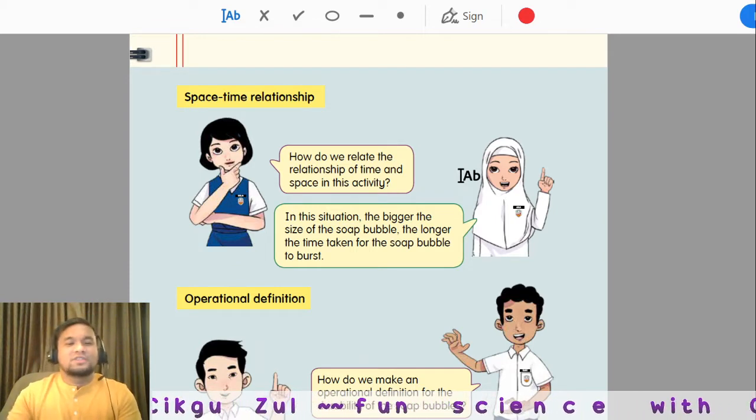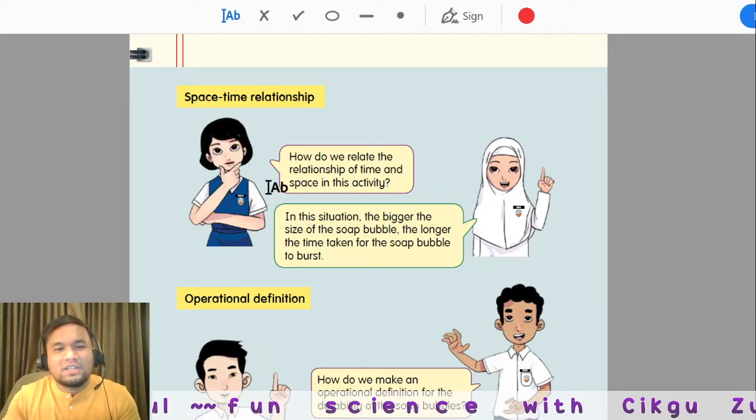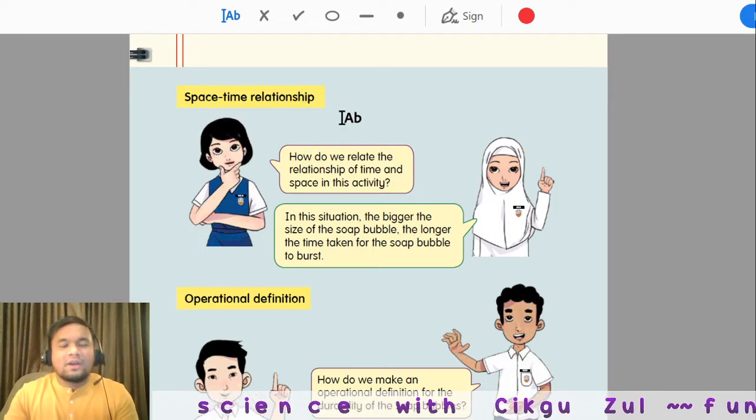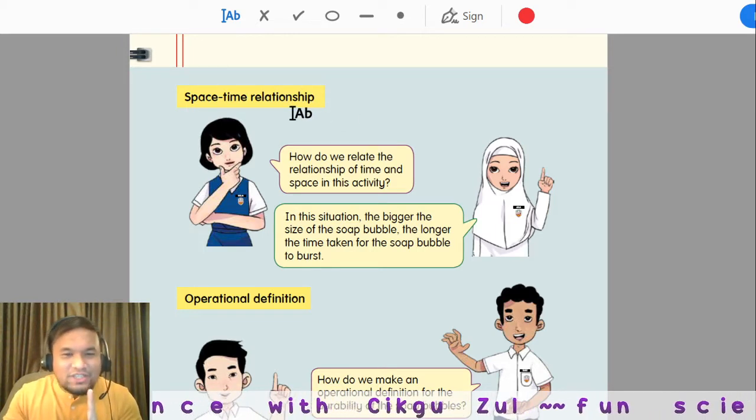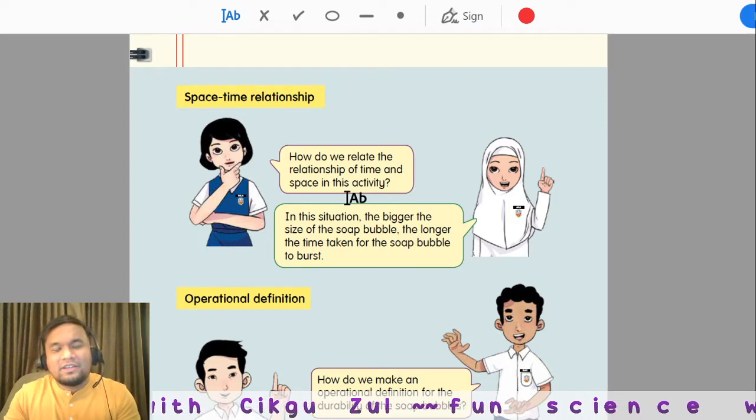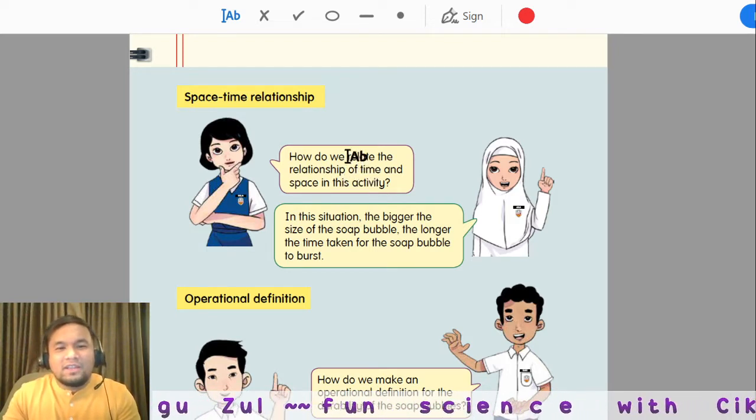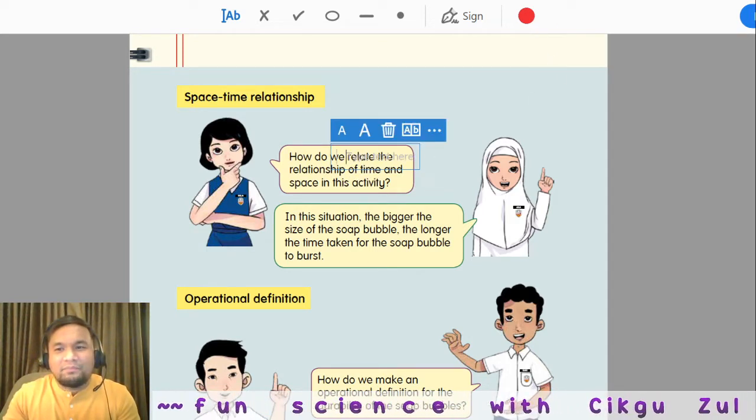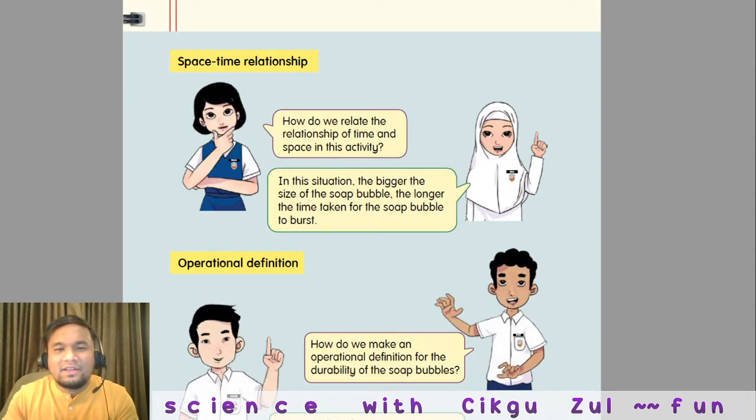Itulah sains. So budak yang perempuan dia bincangkan, dia cakap space-time relationship. How do we relate the relationship? Kita pakai highlighter.